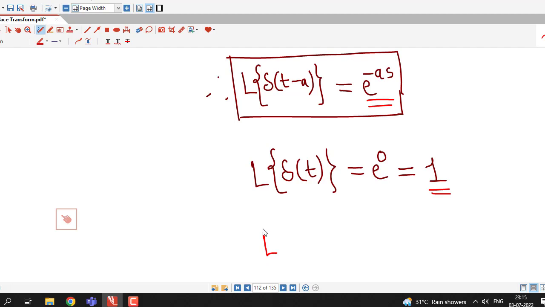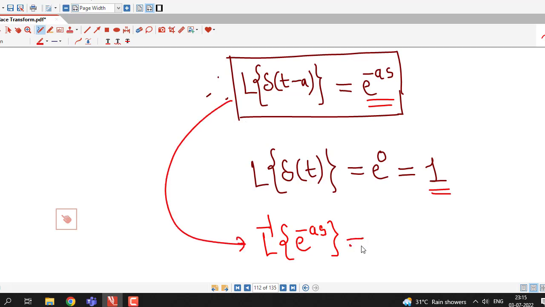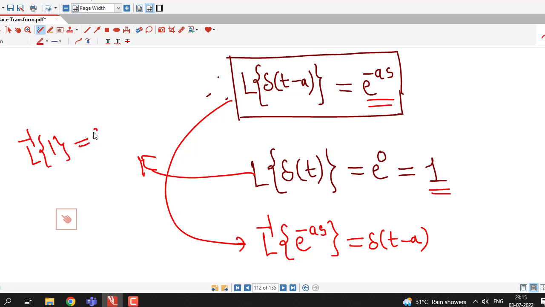Suppose I am interested in the inverse Laplace transform of e raised to minus as, then from this formula I will write this as the delta function at point a. Similarly, this formula will give me the inverse Laplace transform of the constant function 1, which is equal to the Dirac delta function at a equal to 0.